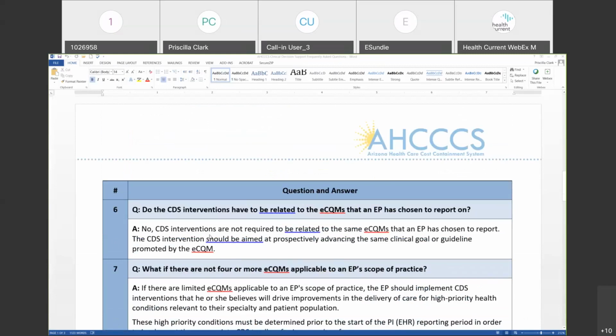Question 6, do the CDS interventions have to be related to eCQMs that an EP has chosen to report on? No. CDS interventions are not required to be related to the same eCQMs that an EP has chosen to report. The CDS intervention should be aimed at prospectively advancing the same clinical goal or guideline promoted by the eCQM.